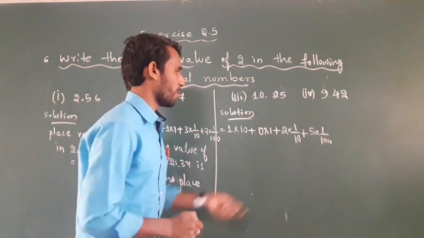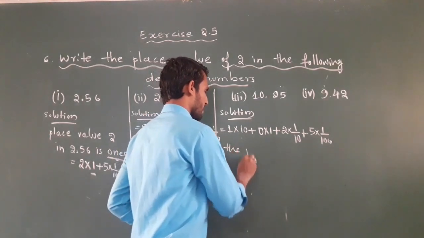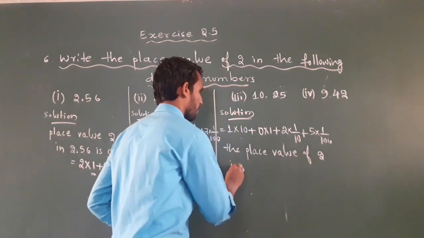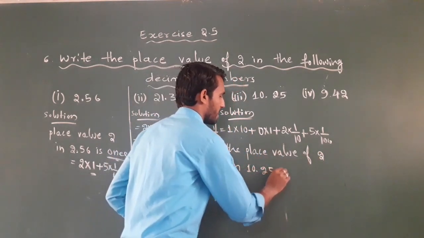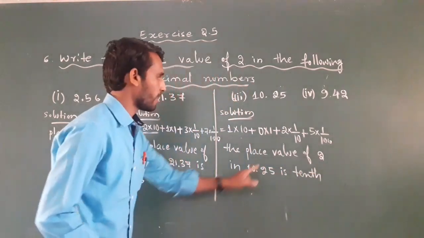The place value of 2 in number 10.25 is 10th. Okay, this is the solution.